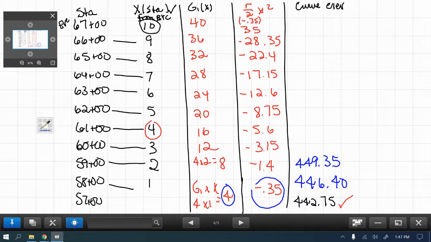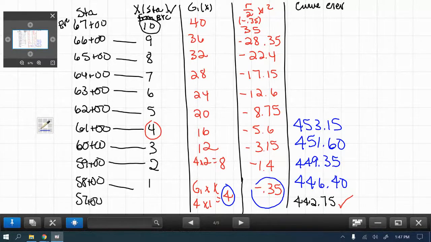And then I'm going to 60. I get 451.60. And for 61, I get 453.15.